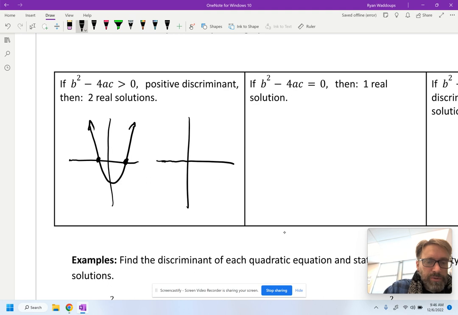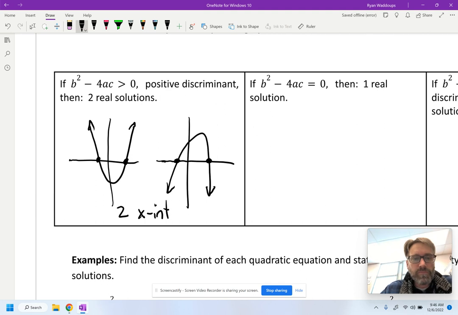It would have two places where it would cross the x-axis, whether it's upward facing or downward facing. So we're going to have two x-intercepts, and those would coincide with the x values of those solutions.